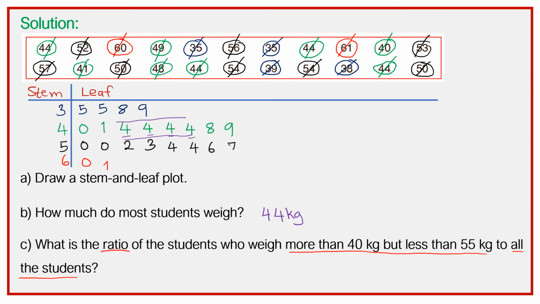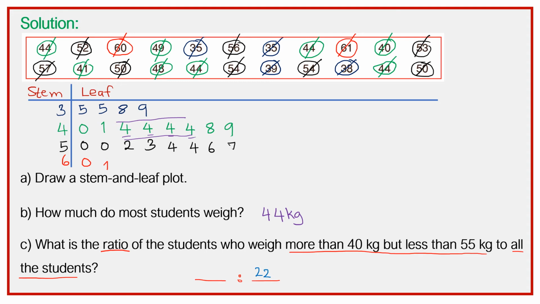So we need the ratio of students who weigh more than 40 kilograms but less than 55 to all students. Remember, all students are 22. So we need to know how many students weigh more than 40 kilograms but less than 55 kilograms.